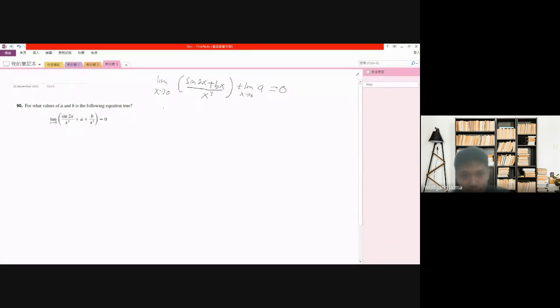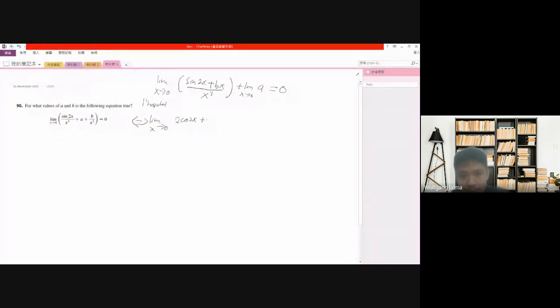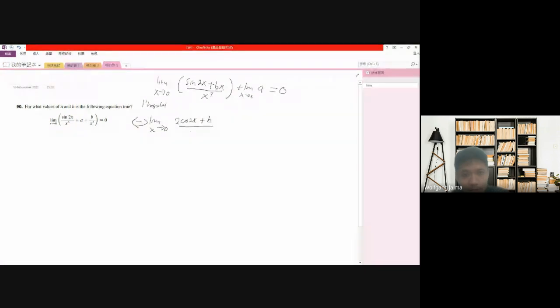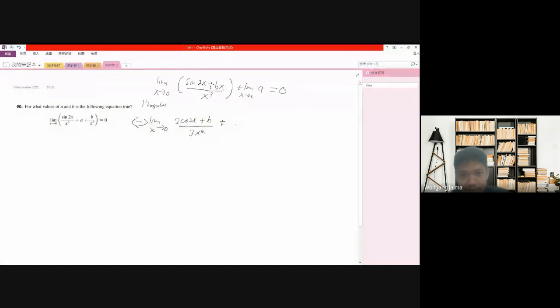So I think we can do L'Hopital now. So we have x approaching 0, the numerator becomes 2 cos 2x plus b over 3x squared, plus a. This one is just a, equal to 0.